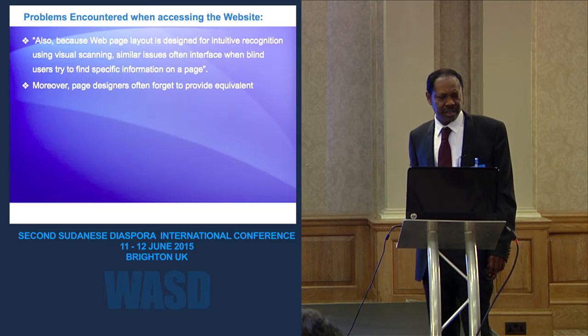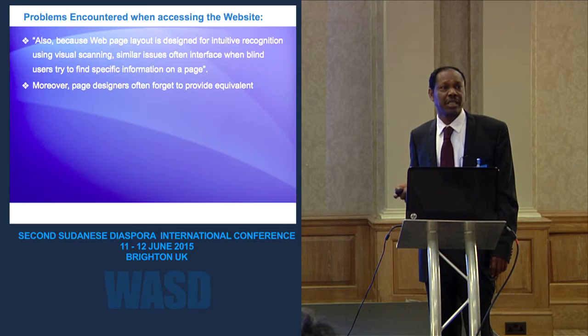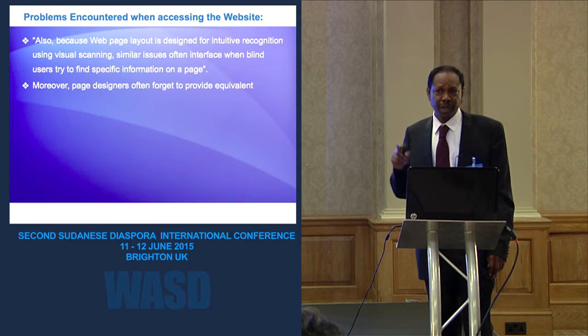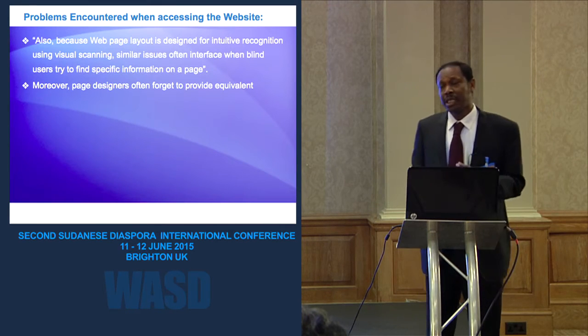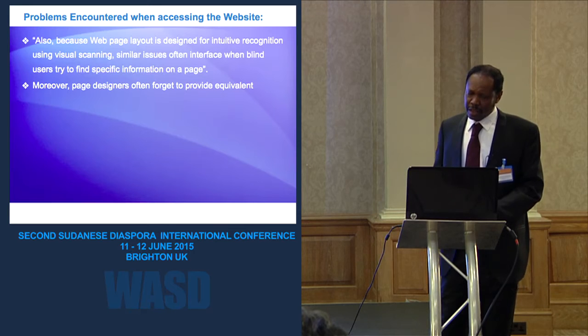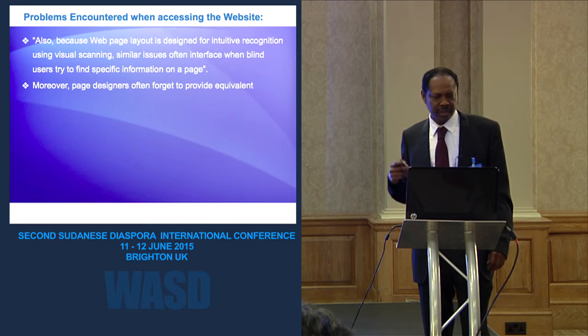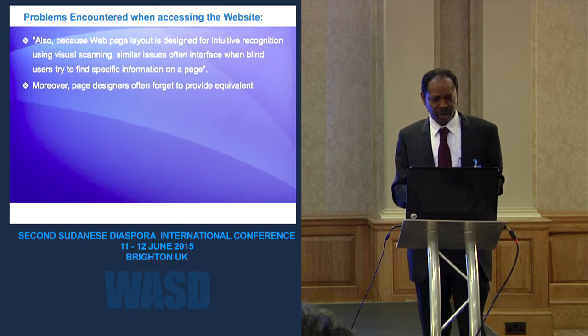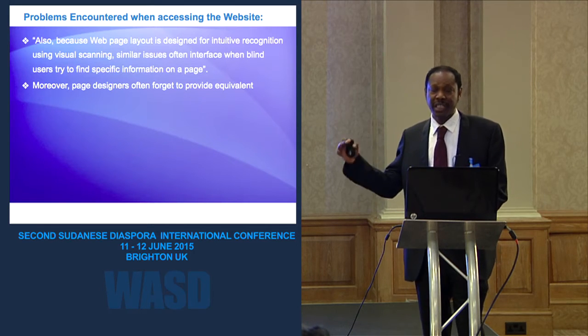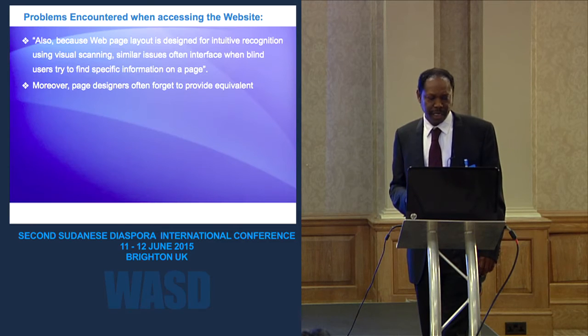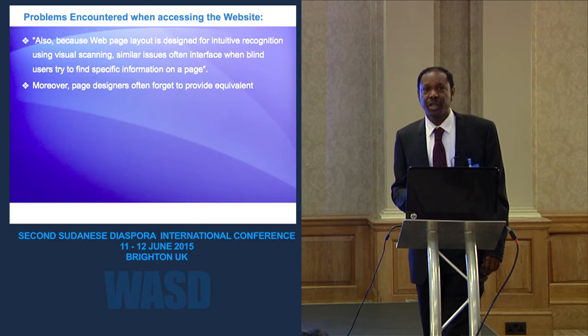Moreover, there are designers and developers. This is where we are going to tackle the people who design the website and the developers, in order to train them, because they forget the equivalent software or alternatives for the visually impaired, which makes the web more difficult for non-visual users.